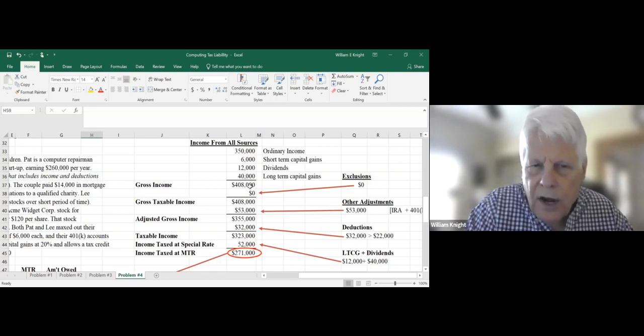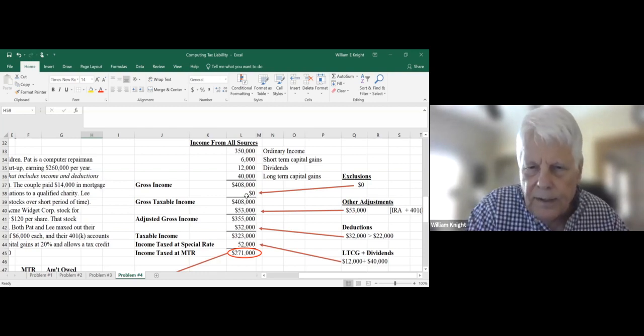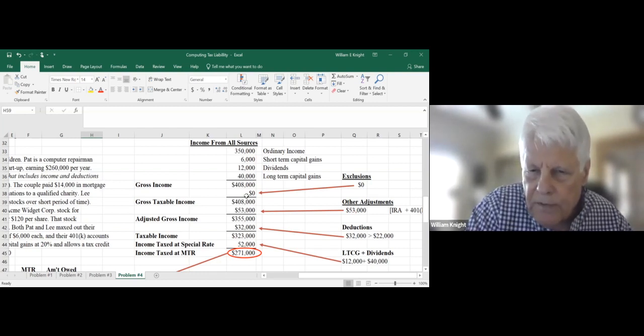So let's start subtracting out stuff from our gross income, which is income from all sources. First, exclusions. You'll notice that there were no exclusions, no inheritance or life insurance benefits or anything like that.